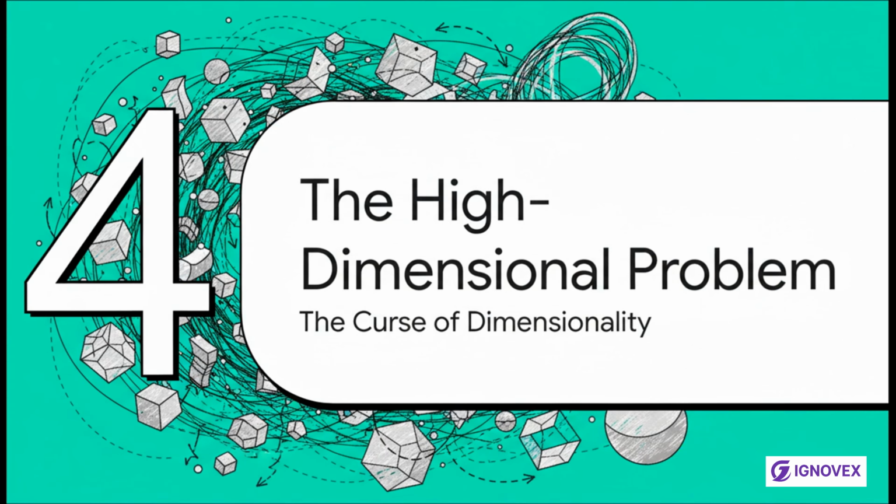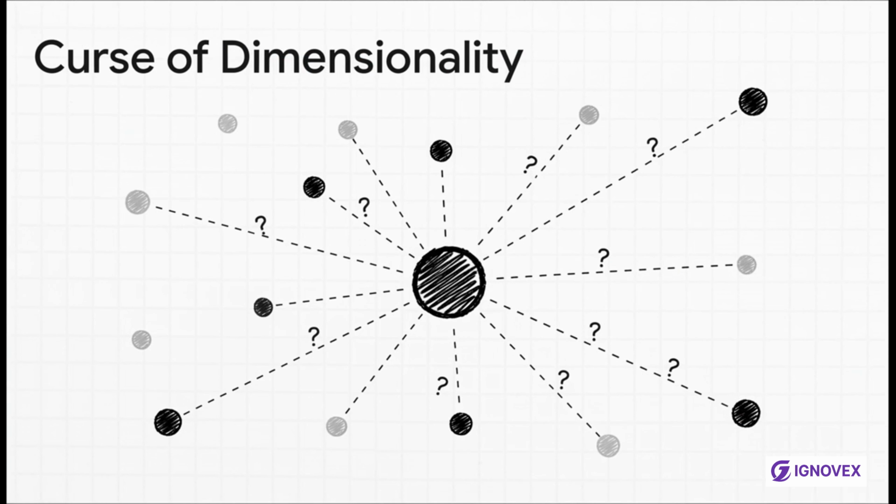Now, this all sounds great when we're talking two or three dimensions, things we can actually picture in our heads. But what happens when our map has thousands or even millions of dimensions? Well, that's when things start to get a little weird. Welcome to what's known as the curse of dimensionality. In these unbelievably vast spaces, a really strange thing happens.